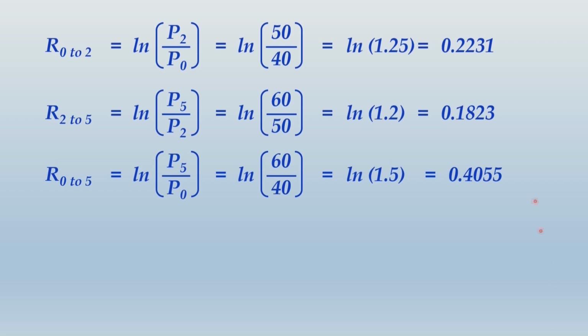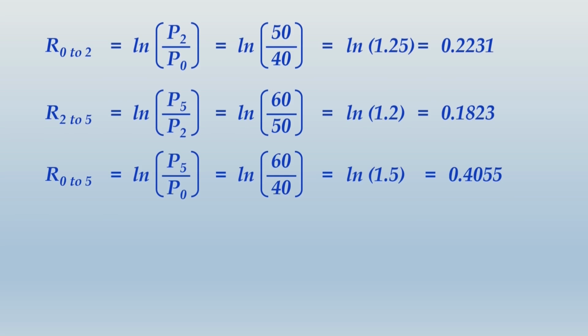Now precisely if you check this calculation and this calculation, you take the aggregate of these two, it will give you 0.4054, but this is 0.4055. Please consider one thing, that this difference is arising only because of rounding differences. If you convert this into percentage by multiplying each rate by 100, you will find that it will exactly match out. You can try it out definitely.